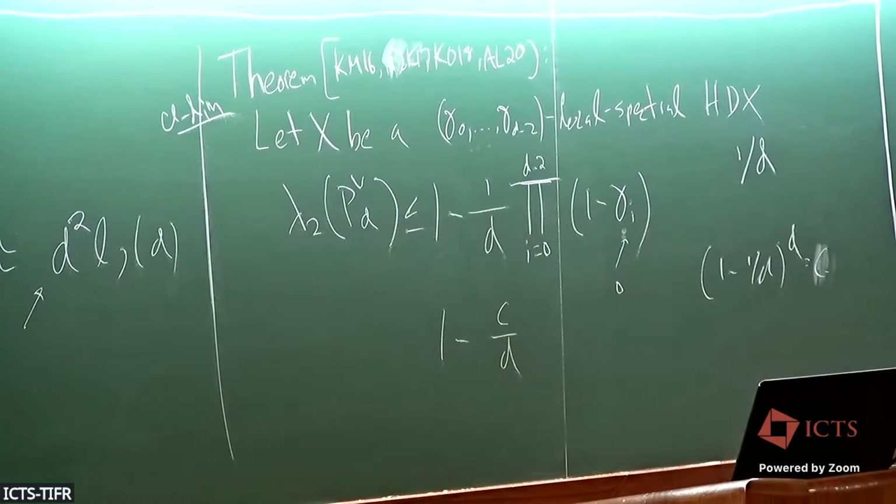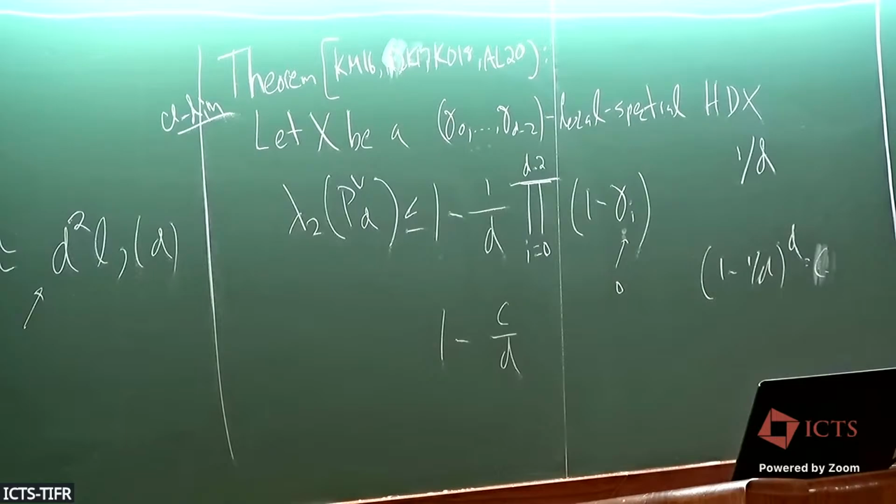Yeah, let me go over to the simplicial complex. So gamma 1, for instance, is the worst expansion on any one link, right? So if I fix a vertex and I look at this local neighborhood graph, that's the link that we defined last time, the worst case spectral expansion across these one links is gamma 1. Gamma 0 is just the spectral expansion of the underlying graph of x0, x1, x2.